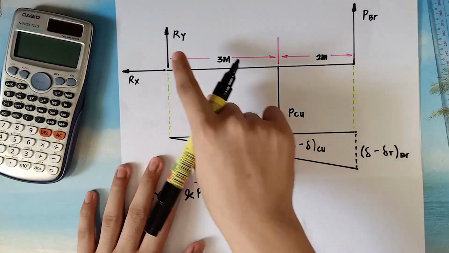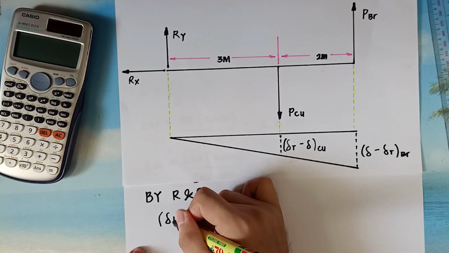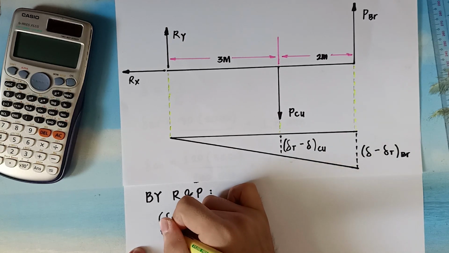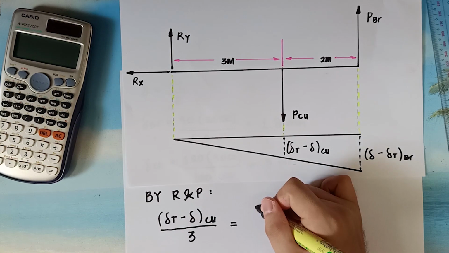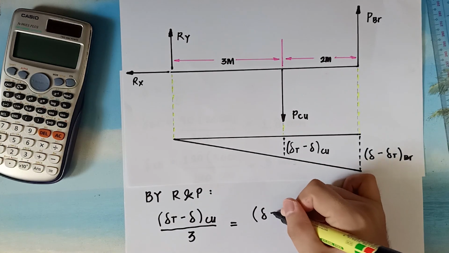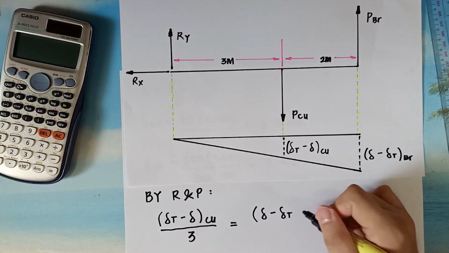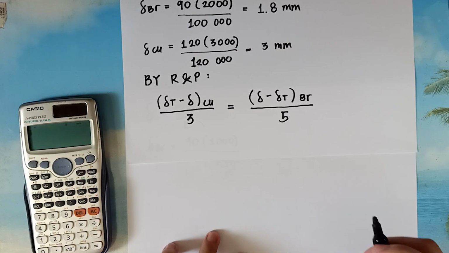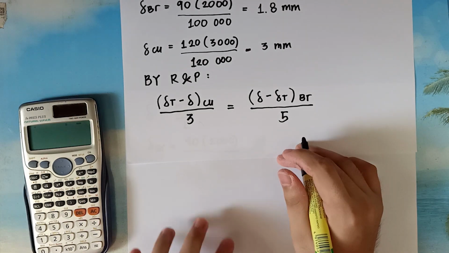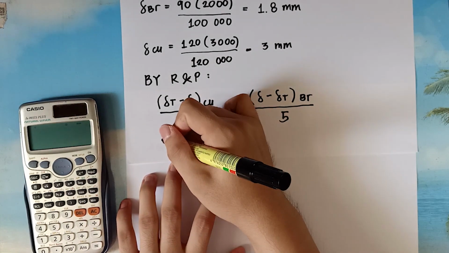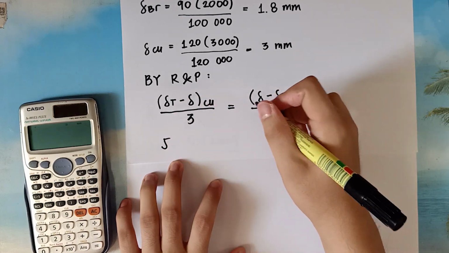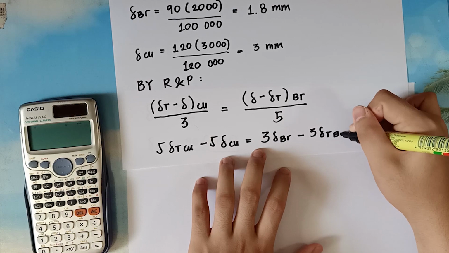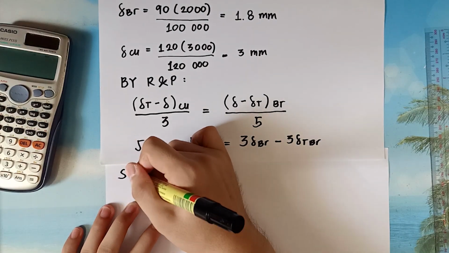So the total strain in the copper rod, with its distance from the hinge of 3 meters, is proportional to the total strain of the brass rod, with its distance from the hinge of 5 meters. Now we are going to eliminate these decimals. We will multiply both sides by 15 because it is our LCD, or lowest common denominator, and distribute. Now we head on to our next step.